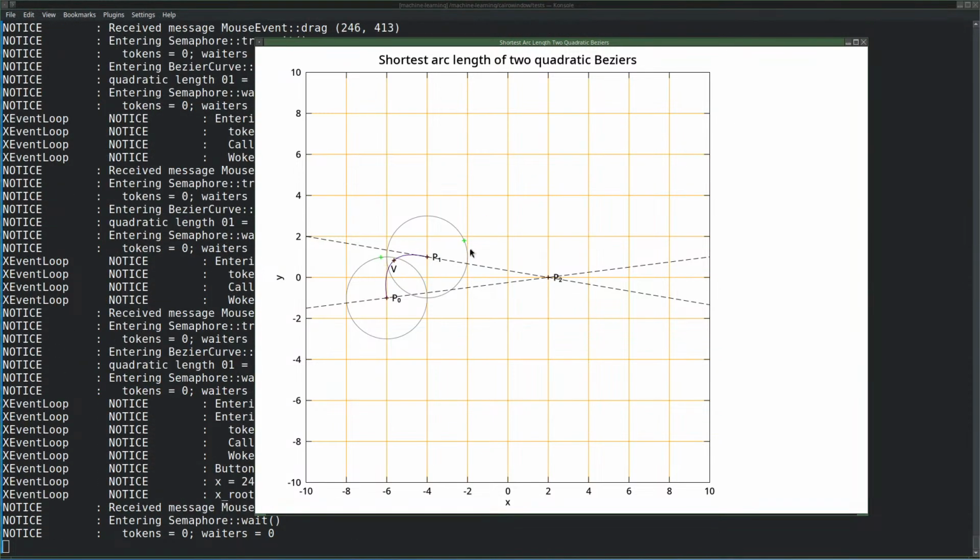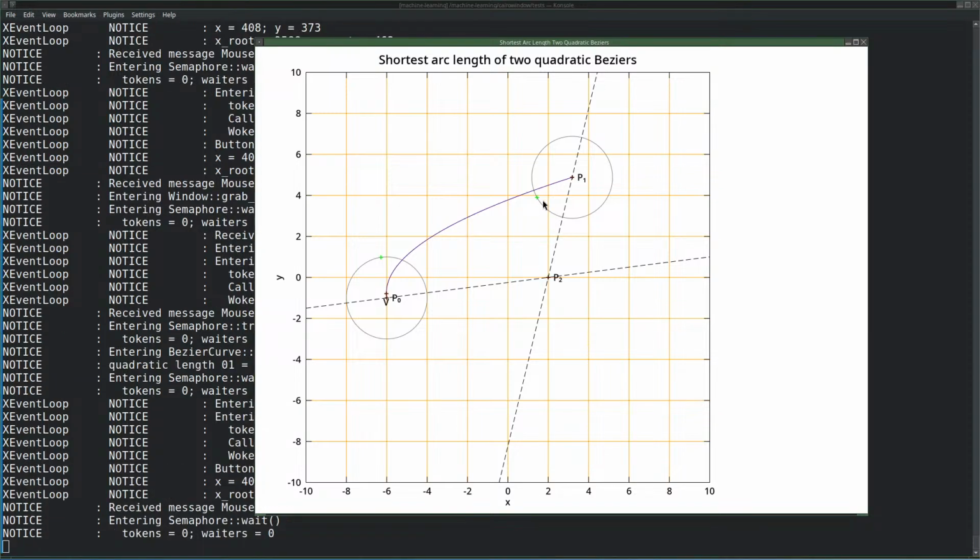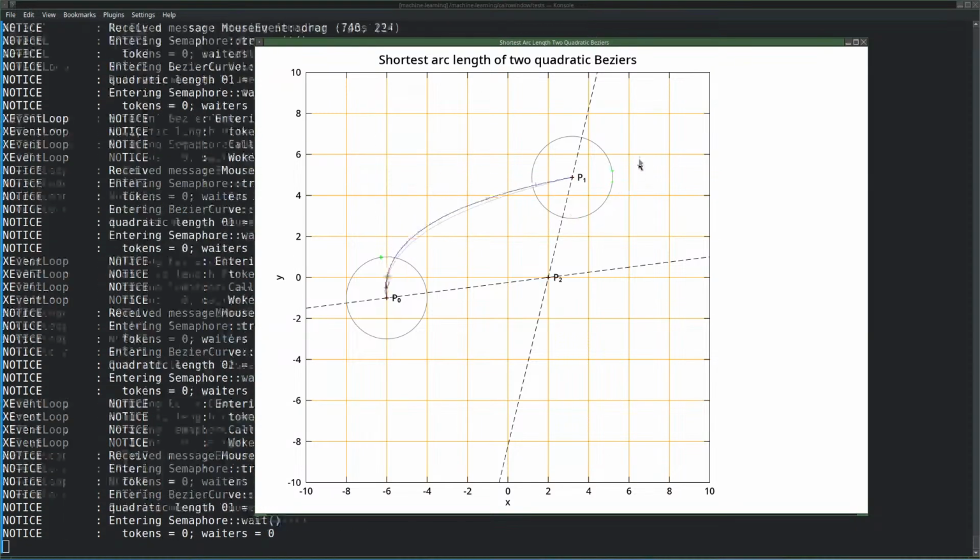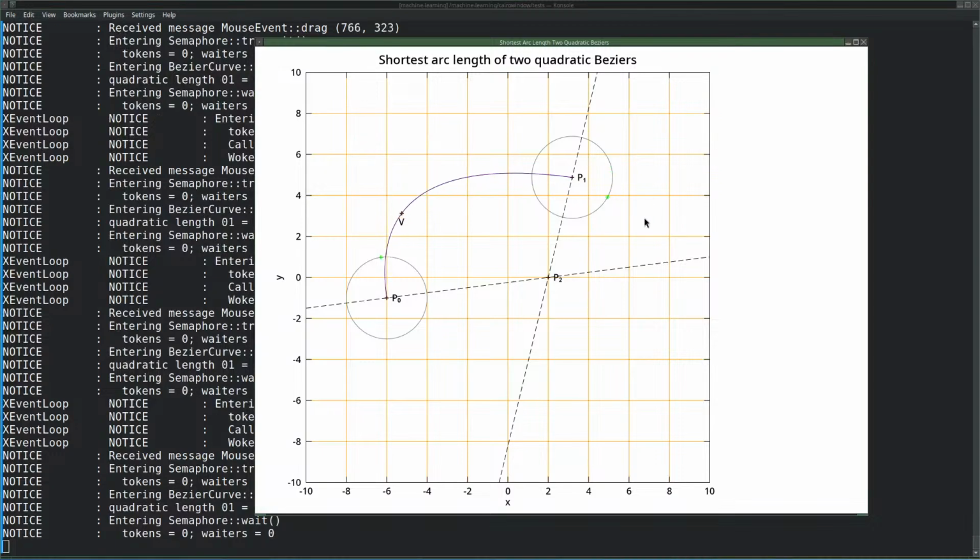Yeah, so this works. Let's put it there. And now it got messed up though. Oh wait, it's actually more or less still fine. Never mind that point. Anyway, this goes in the direction of the green point, yeah? So the tangent in P0 goes through there.